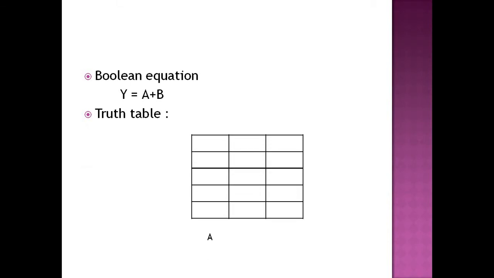And now we focus on the truth table of the OR gate. Here we consider the two inputs A and B and single output Y = A + B. The input combinations are 0 0, second combination 0 1, third combination 1 0, and last combination 1 1.